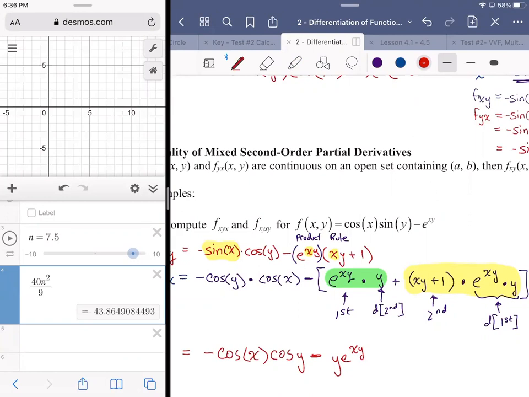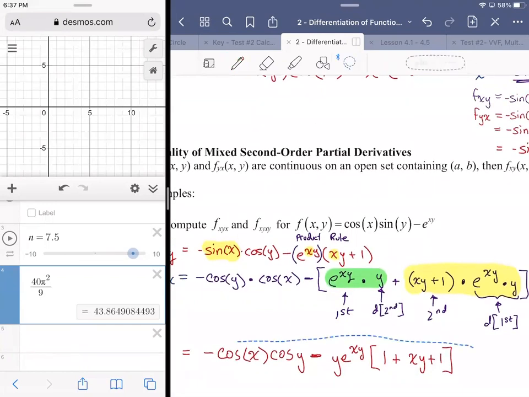And when I remove those, I get something kind of nice happening, because this is going to collapse down. I'll have a factor of 1 plus the only thing that's left in the yellow highlight, xy plus 1, which I can further clean up. Not a whole heck of a lot, but enough.